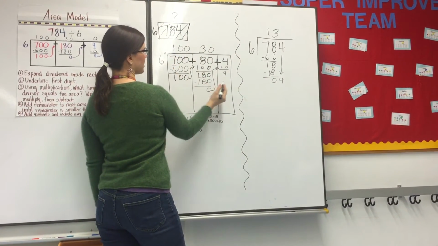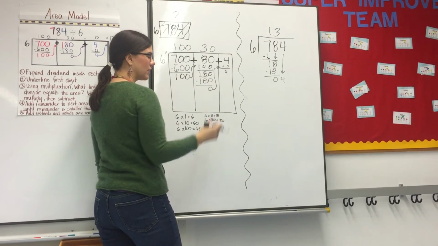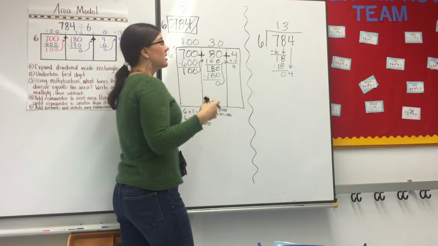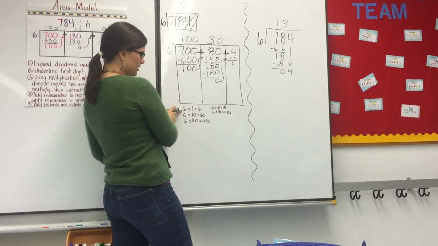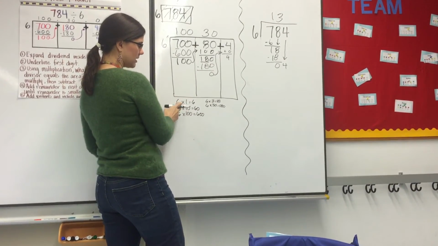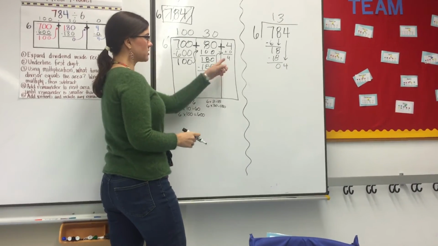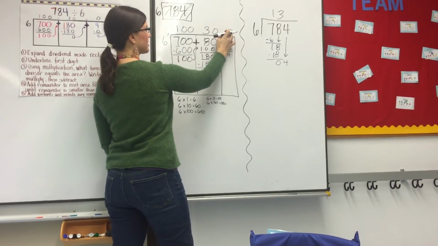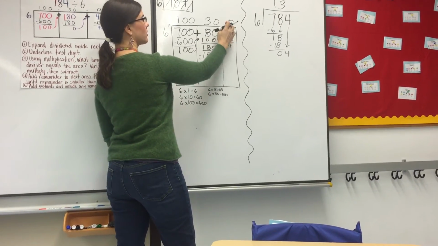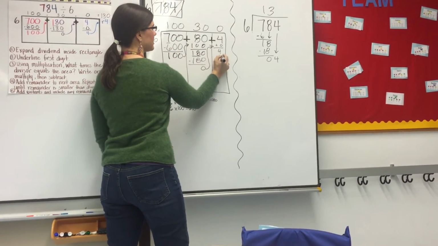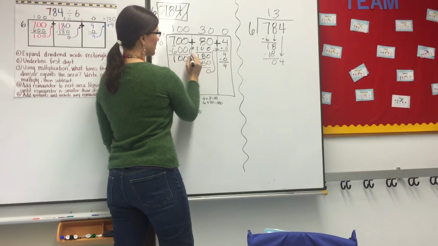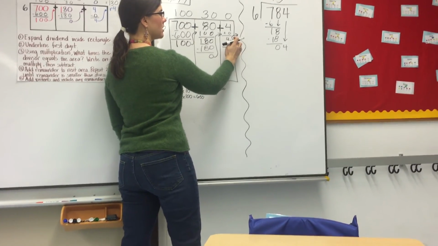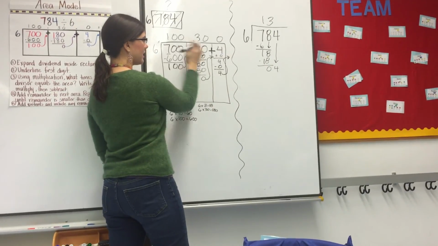What times 6 can give me a number that doesn't go over 4? There's none. The smallest number times 6 is 1, which will give me 6, which is over 4, so that means 0 is my only factor that will give me a number that doesn't go over 4. 0 times 6 is 0, and just like before, I take my remainder, and this time it came out of our area rectangle.